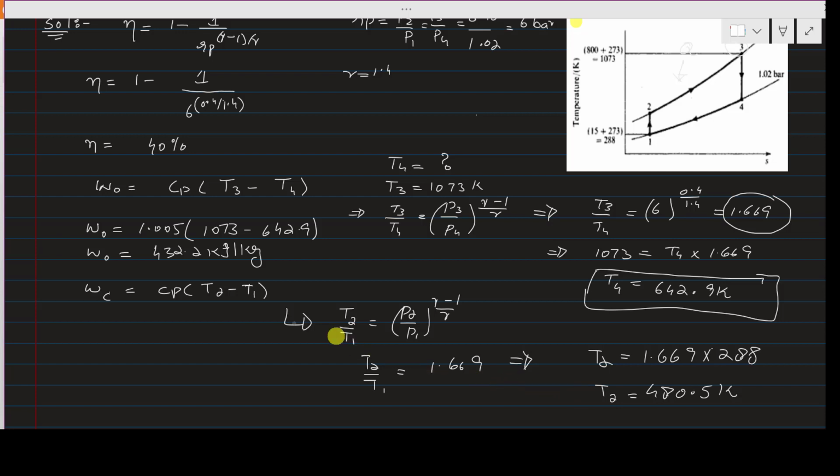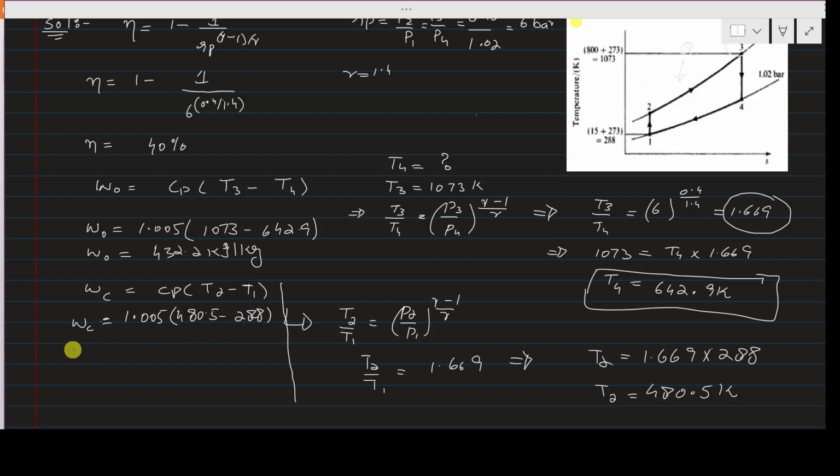Now put that value in the equation of the compressor work, the work done on the compressor to run it. 1.004 into 480.5 minus T1, that is 288.